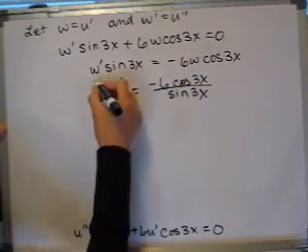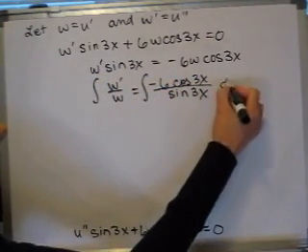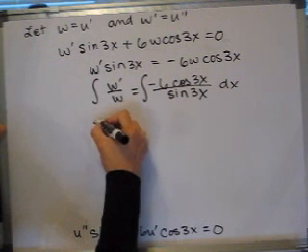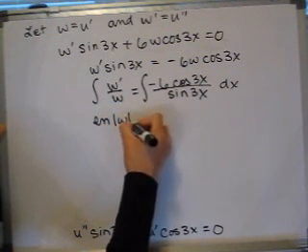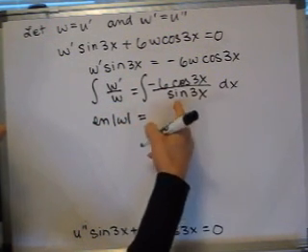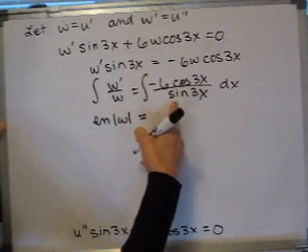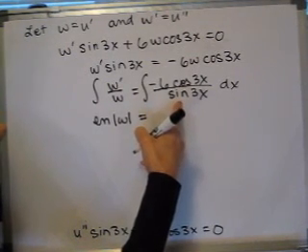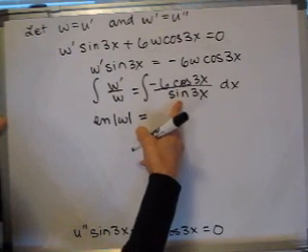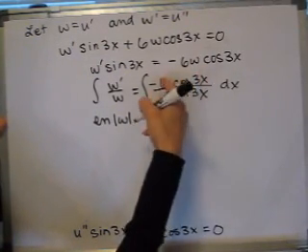Now that I've separated, I can integrate both sides with respect to x. On the left, I'm going to get the natural log of the absolute value of w. On the right, if I make a u substitution, let u equal sine of 3x, then the derivative of the bottom is going to be cosine of 3x times 3.